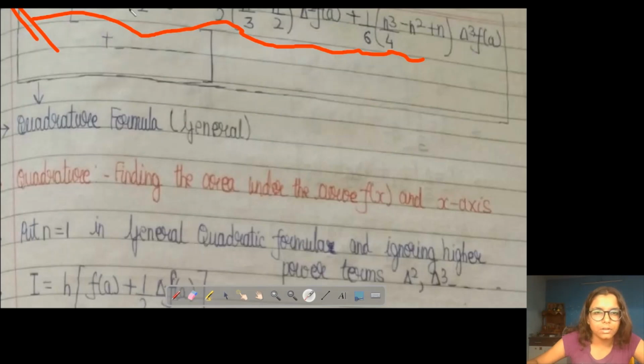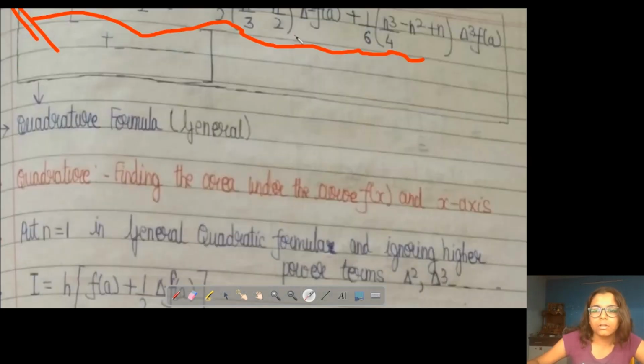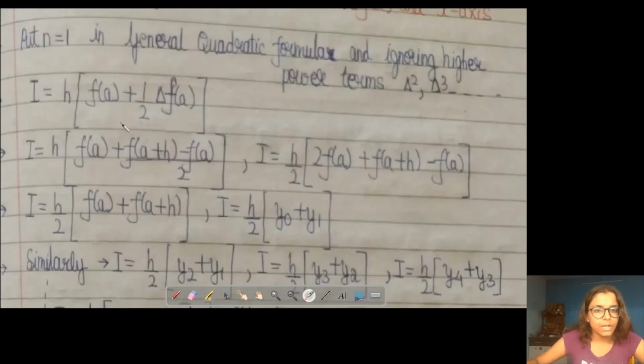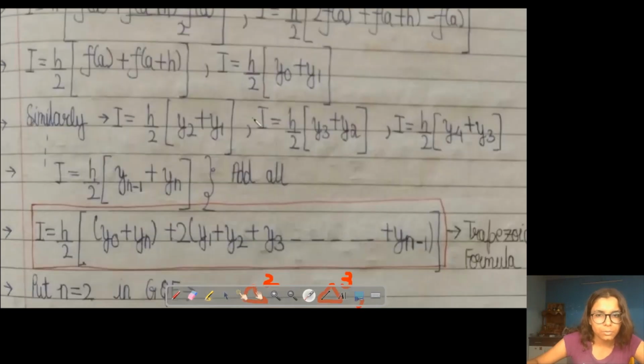We would put 0 in the case of all the higher power terms like delta square and delta cube. We would only be left with fa plus half of delta fa. Now we would just open the first forward difference formula and simplify it throughout the process.